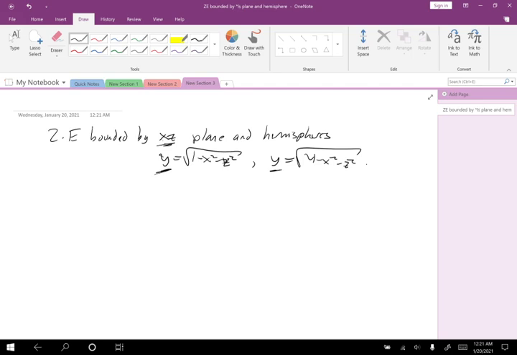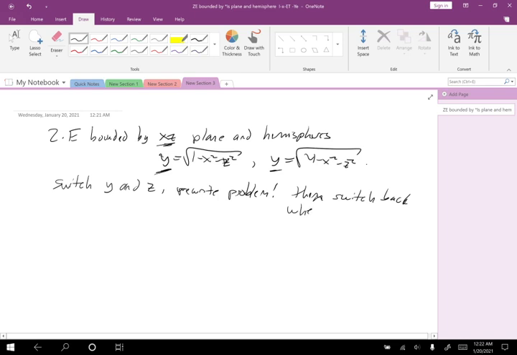So I'm going to do something possibly atypical, and I'm just going to tell you to switch y and z and just rewrite the problem. Then switch back when you're done, if it's needed.